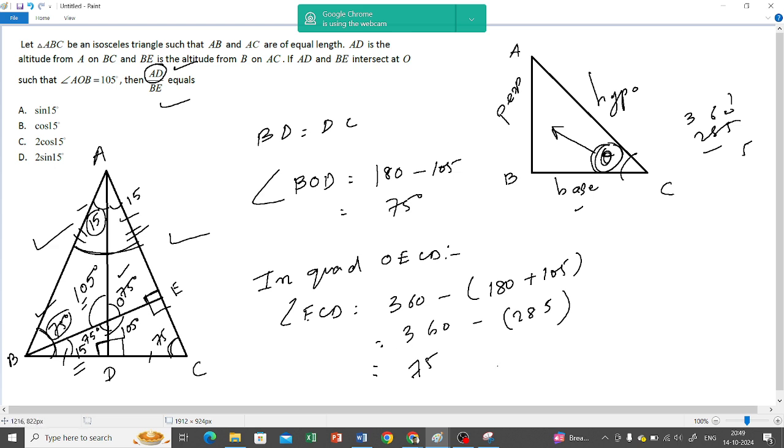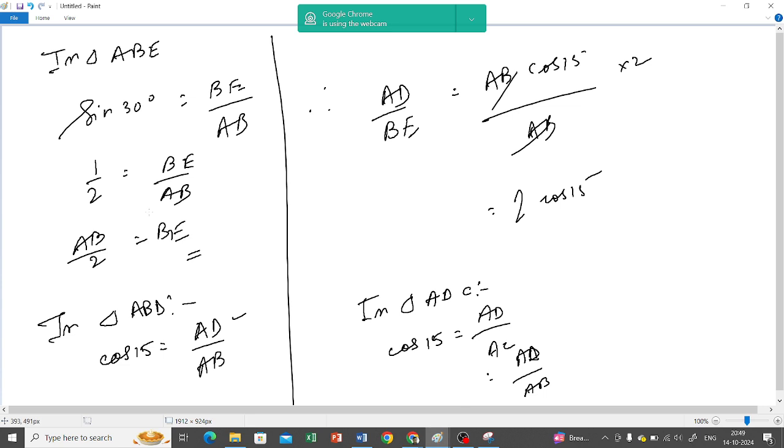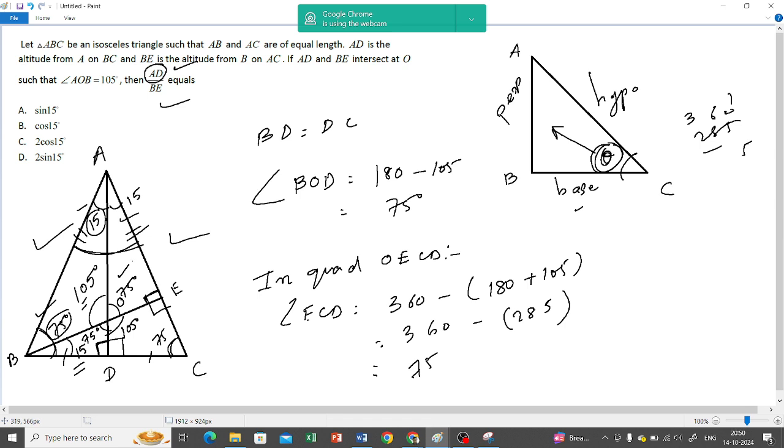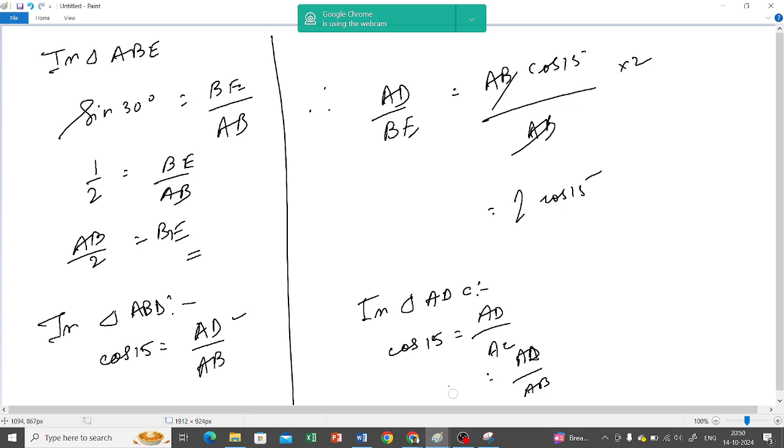ইয়েস বুঝতে পেরেছো? স্যার অ্যাঙ্গেলটা বুঝতে পেরেছি। এবার আমি জাস্ট ট্রায়াঙ্গেলগুলো নিচ্ছি। ইন ট্রায়াঙ্গেল ABE, আমি এই অ্যাঙ্গেলটা নিয়েছি, সাইন অ্যাঙ্গেল BAE is equal to what? BE by AB.